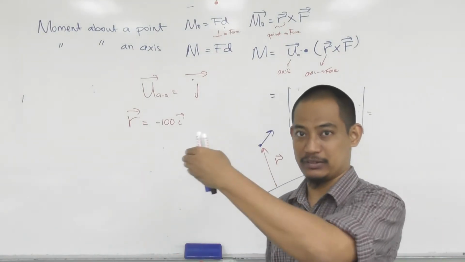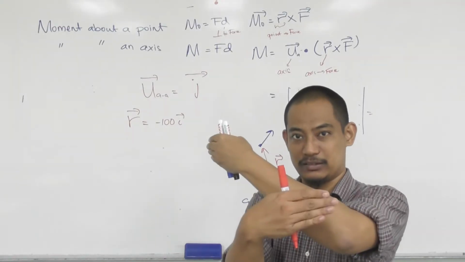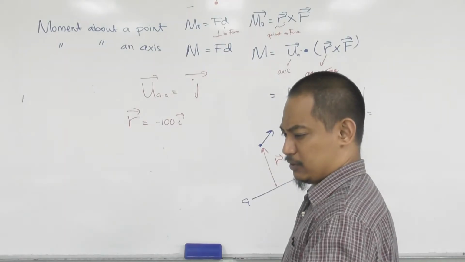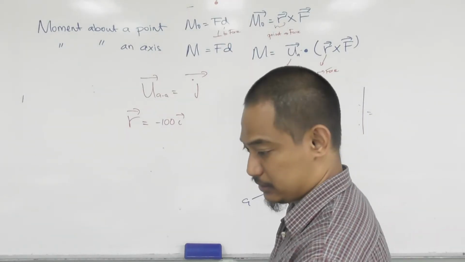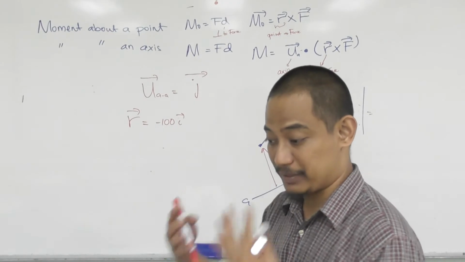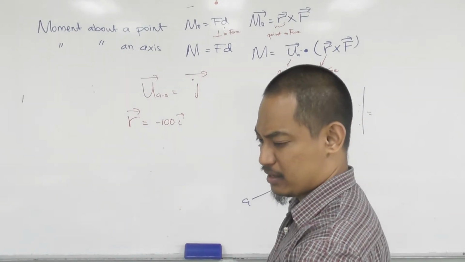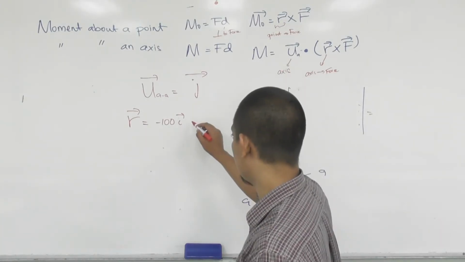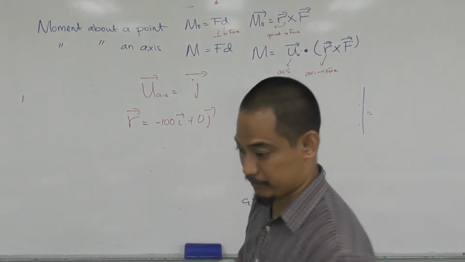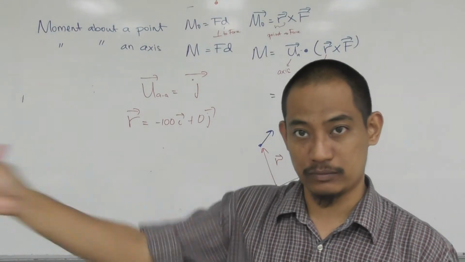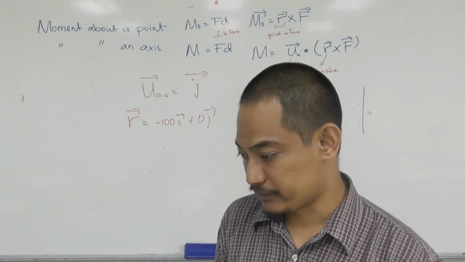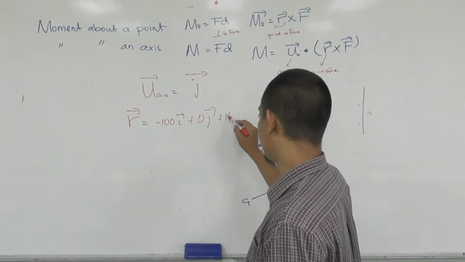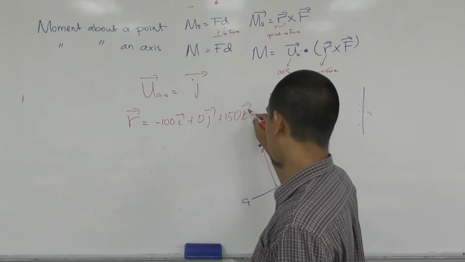X positive is there, but the r is this way, right? So it's negative x. Right, so minus 100 i if you use millimeter. If you use meter, then 0.1. Alright. Y is 0, plus 0j, because it doesn't move in that direction. Z is going up 150, plus 150k millimeter.